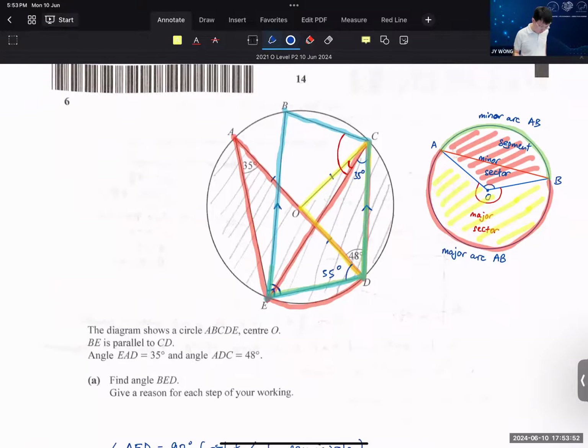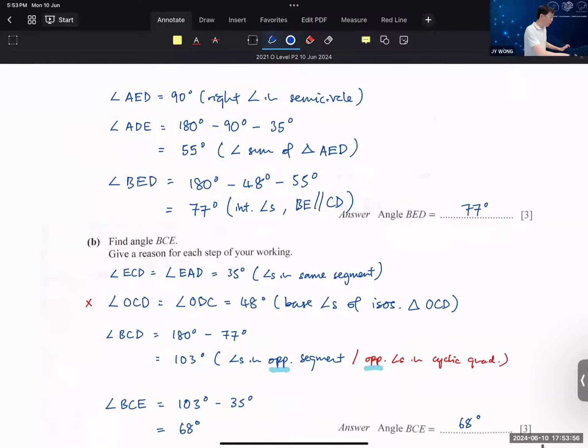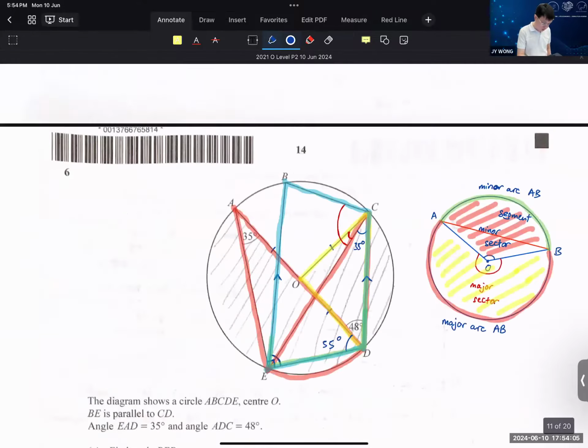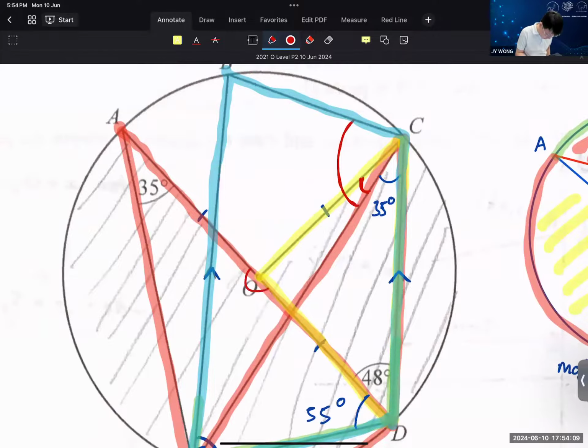So how to find the major sector? You should know how to find area of a sector. So your major sector will be bound by the reflex angle AOC, if you realize. So the area of the major sector is determined by this angle. So it's angle AOC, but the reflex angle AOC.